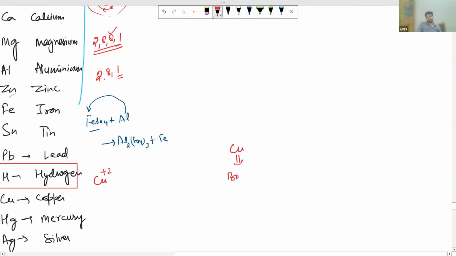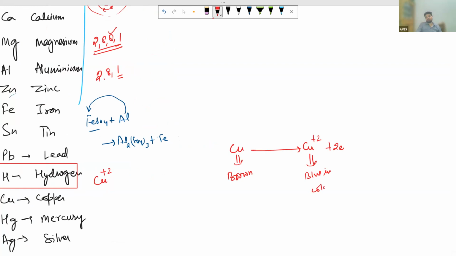When it loses two electrons, it becomes Cu2+, and it is blue in color. You understood?